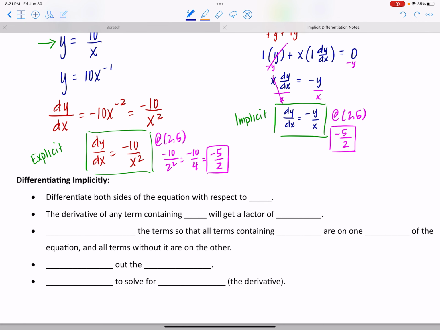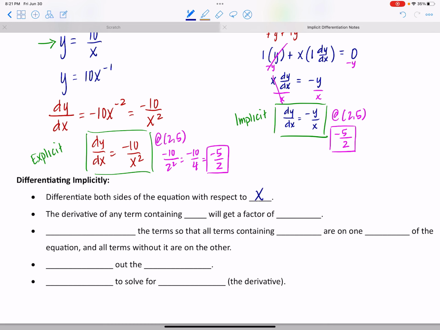When we're differentiating implicitly, so we have an implicit function, we're not going to manipulate it in any way, we're just going to take its derivative. What do we do? So differentiating both sides of the equation with respect to x, that's what we're doing, right?